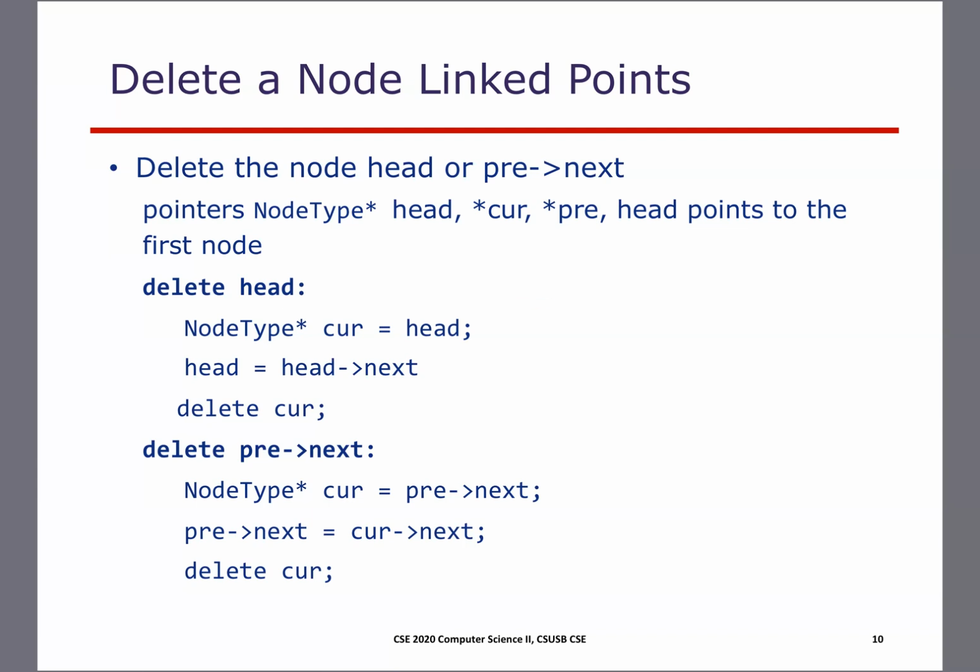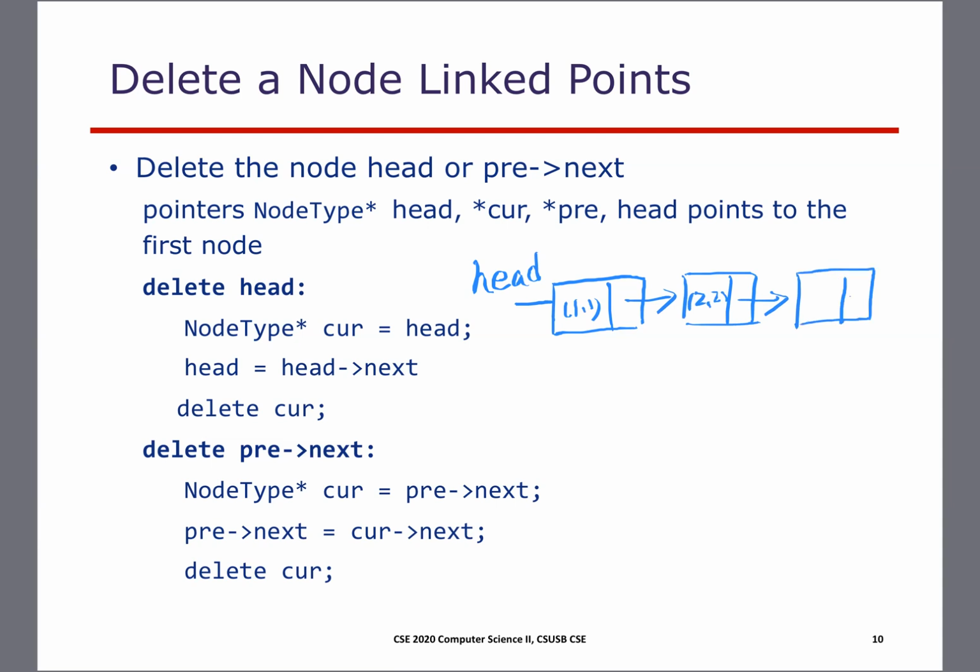Now we have a linked structure, and in this linked structure we store points, and head points to the first node of this linked structure. The first node is very special.